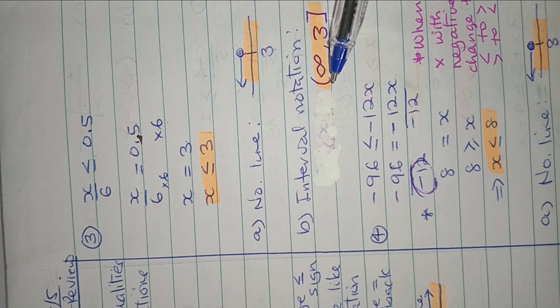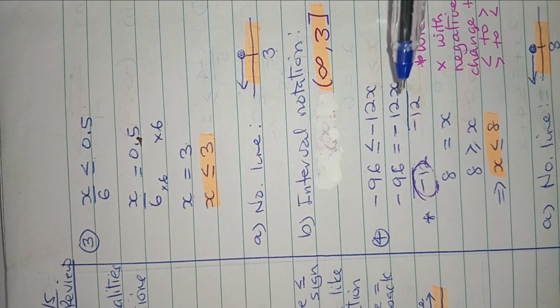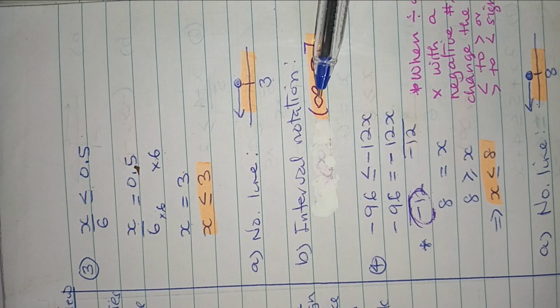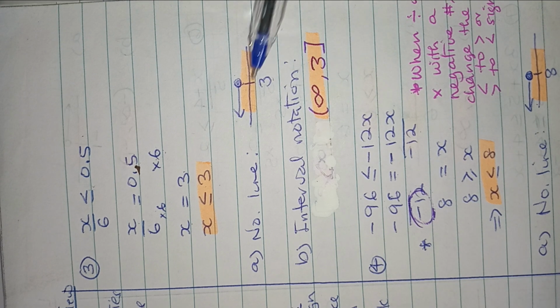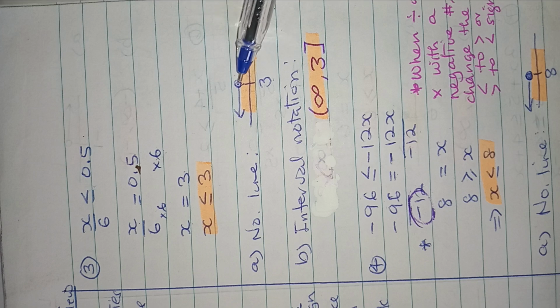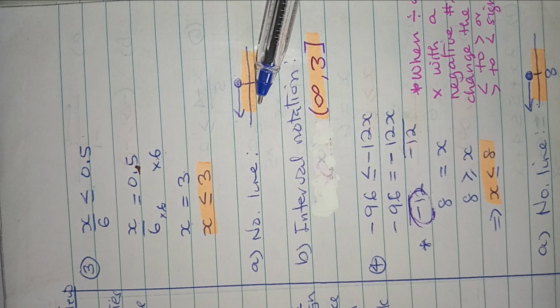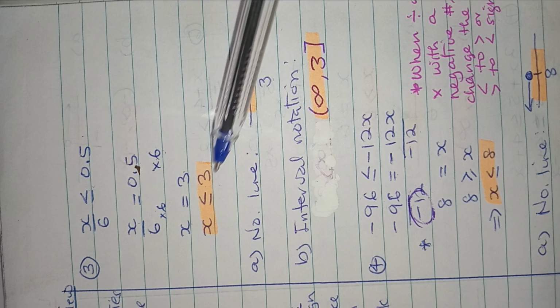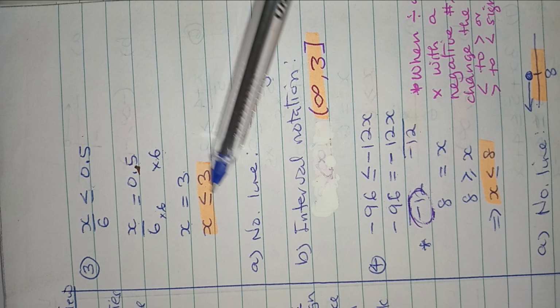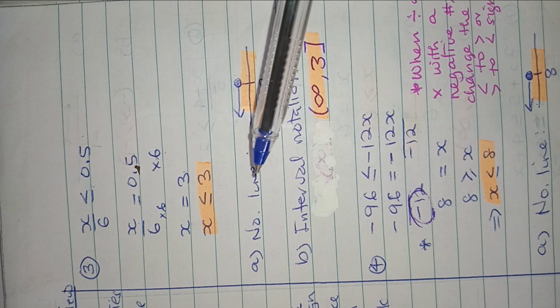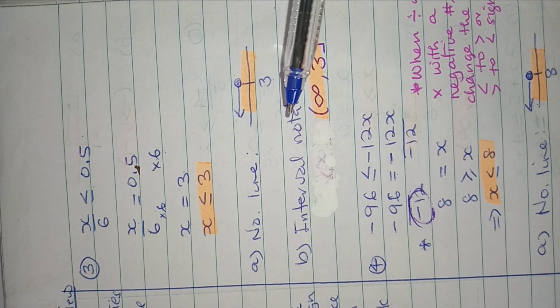And now we put it in interval notation. So we put the lowest x value, comma, highest x value, and we close them off with brackets. Since the arrow points all the way to the left, and since x is less than 3, there's no limit there, it's just less than, meaning everything less than 3.